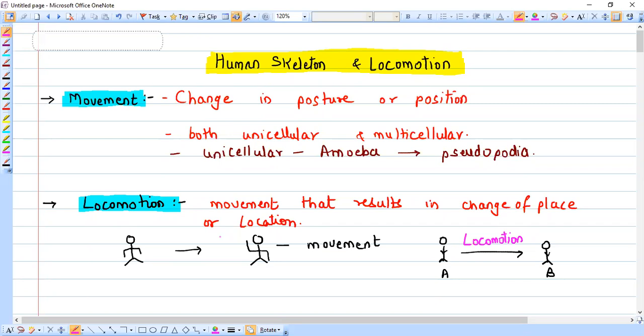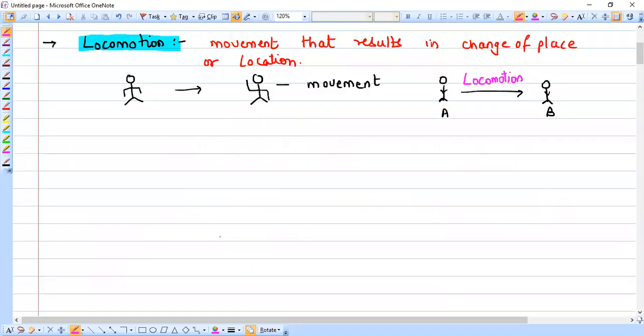The next question that comes to my mind is why. Why is movement required? Why do we move from one place to another? It's like a bike. If you keep the bike standing still, unless you put it on a stand, it will fall.